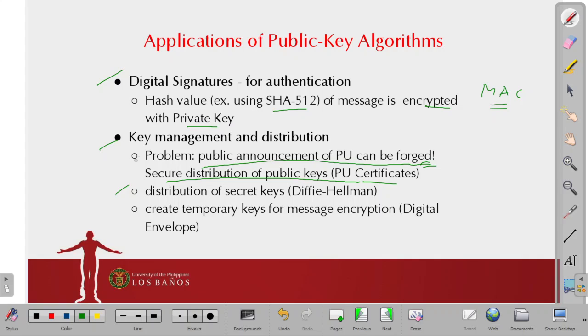So the public key algorithm can be used to distribute secret keys for private key encryption, and can also be used to create temporary keys for message encryption called a digital envelope.